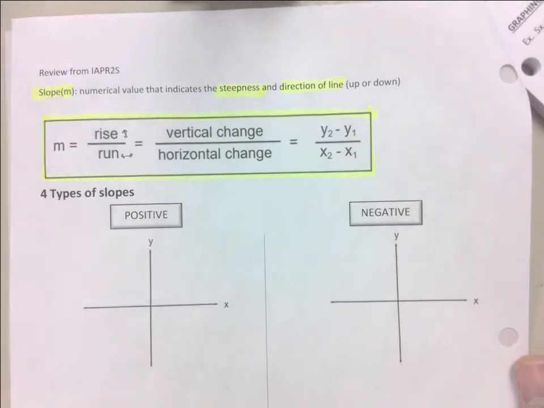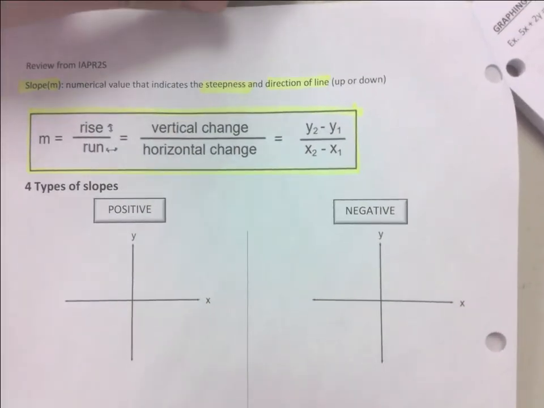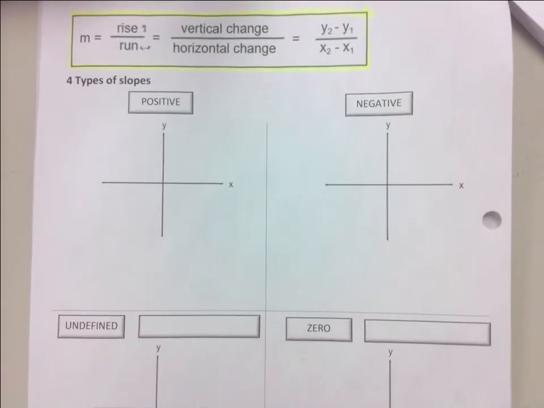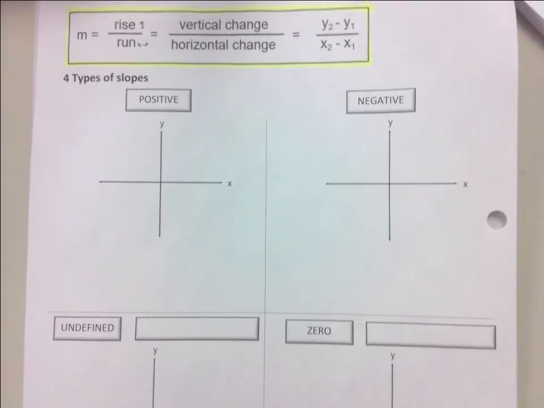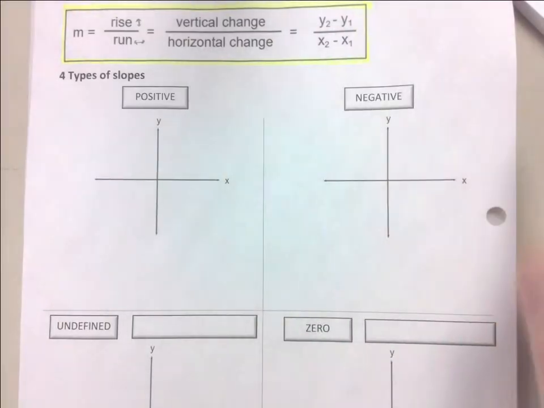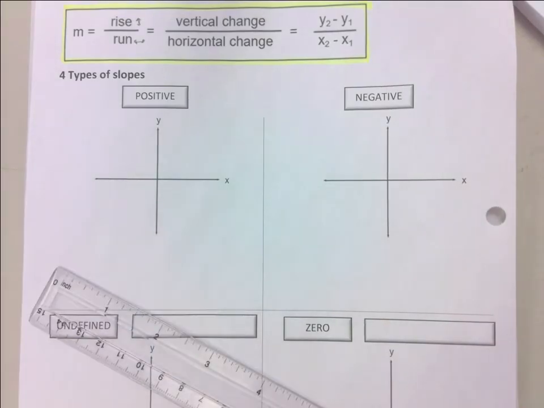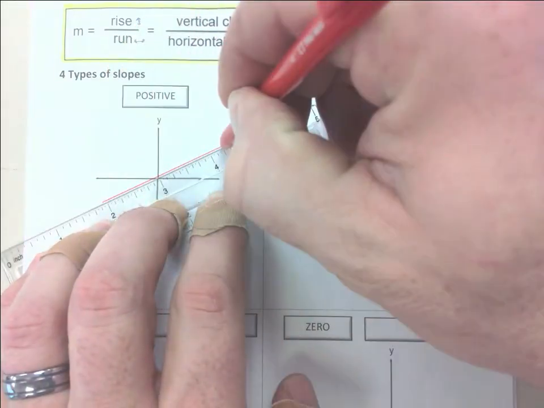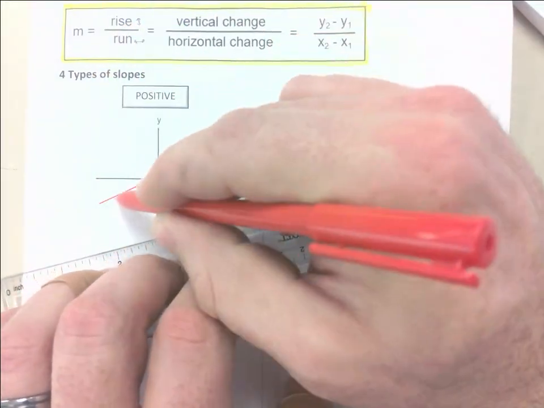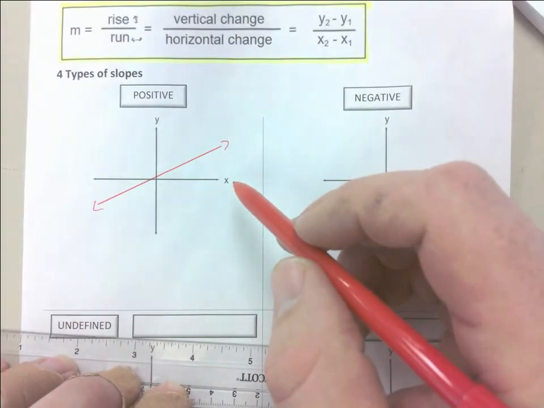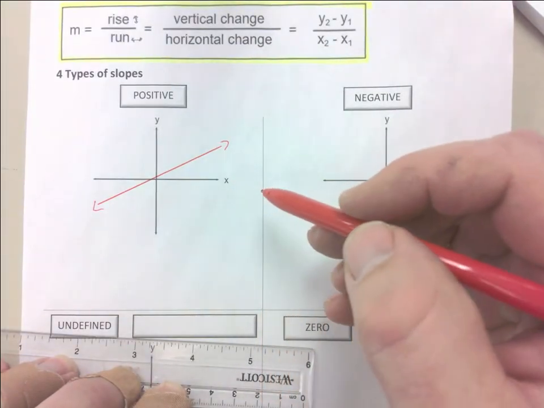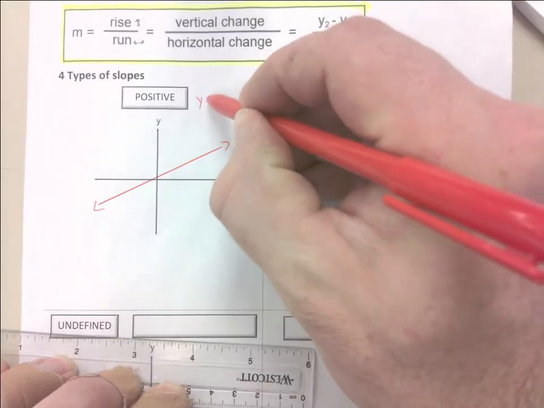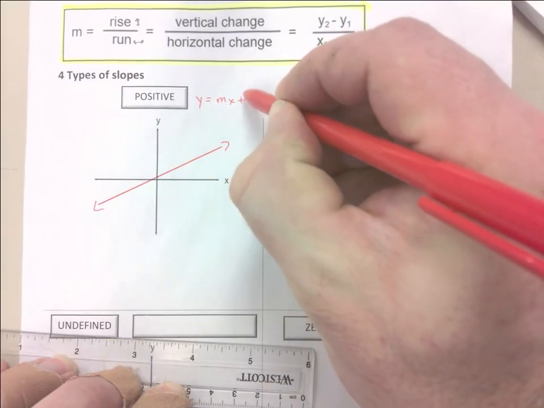Okay? And so there are 4 types of slopes, I should say. There's a positive and negative, undefined and zero. So positive, basically what you need is you're expecting the line to go up from left to right. And the equation would look like this.